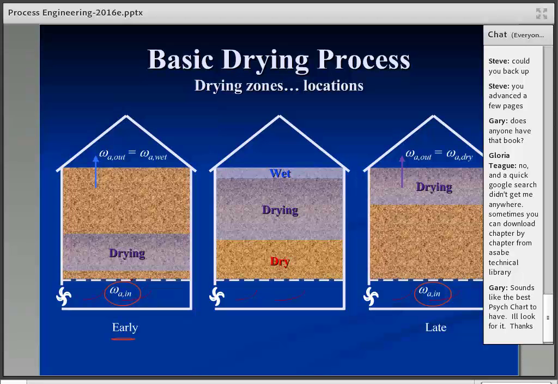Okay, and there's a problem with this drawing. Let me make a little change here real quick. Give me a second. Okay, I want to write right here: wet. So this material up above where it says drying is still wet. Should have been like the other one. So like over here in the second drawing, up at the top, there's some wet material. It's a different color to indicate it's wet.